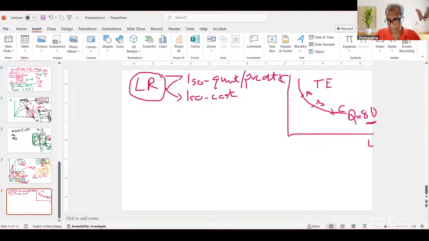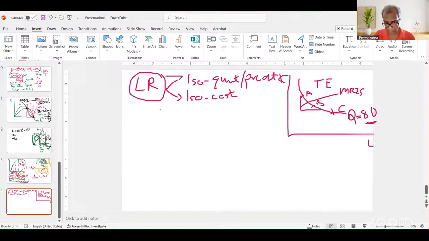But it doesn't mean that you are economically efficient. For that, we have to go to allocation. So that is the isoquant curve. The slope of the isoquant curve is also a very important concept that we call the marginal rate of technical substitution, MRTS.